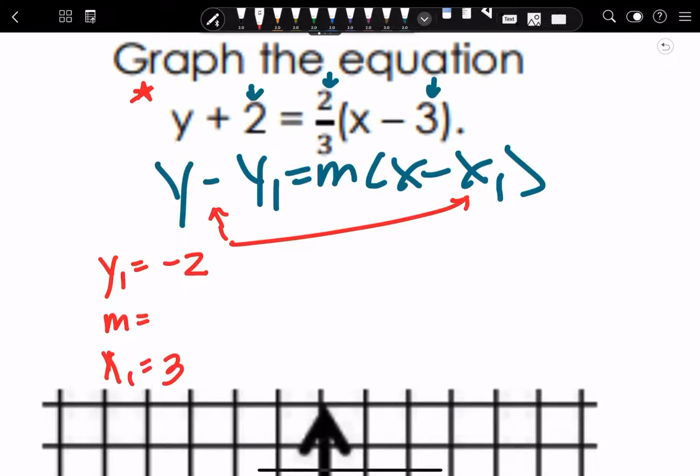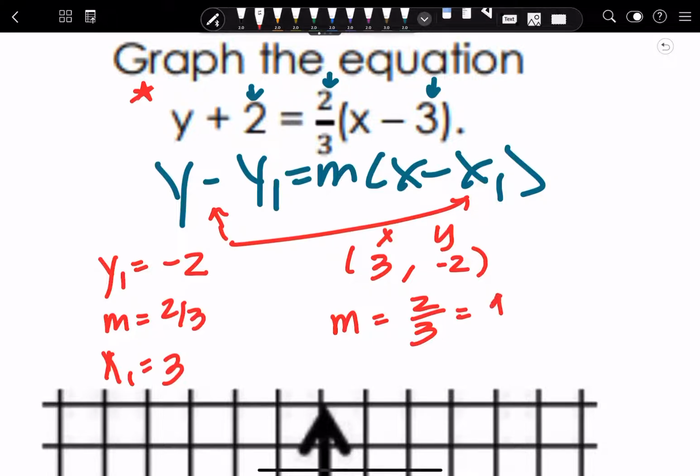All right, and our slope, oh, thank goodness for this. Your slope can still say 2/3. Now, when you're graphing, you need a point, which is an XY coordinate pair. So 3, -2, and your slope, which in this case is 2/3.